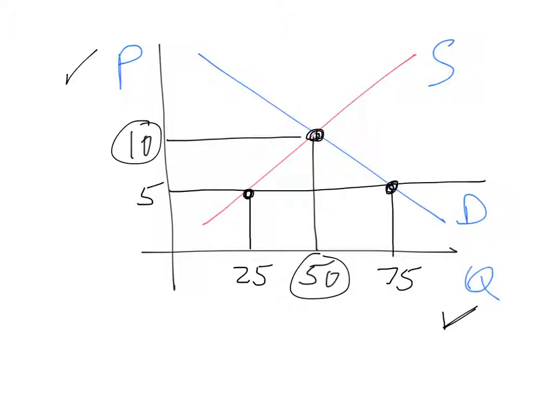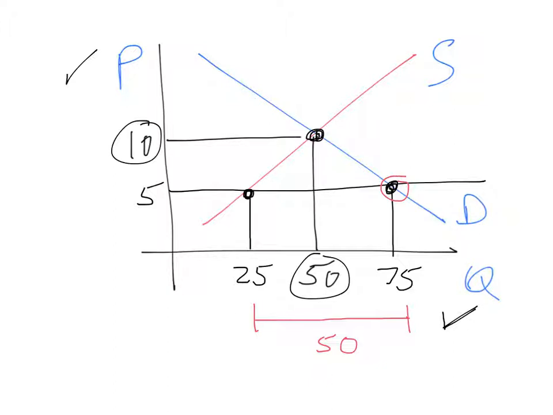When we look at the difference, we are now looking at 75 minus 25, or 50 rides, and in this case it's excess demand. We sometimes call that a shortage, but we can describe it as excess demand.